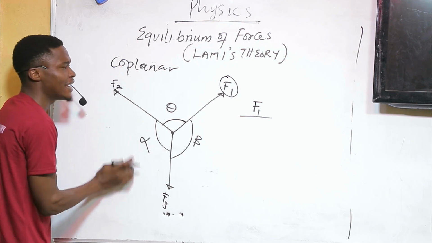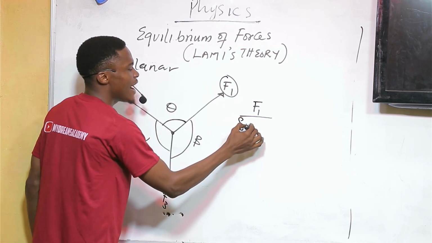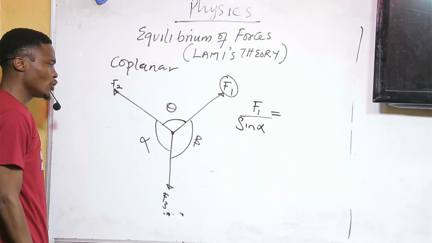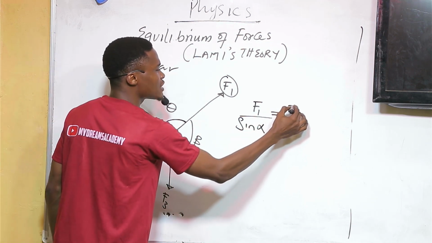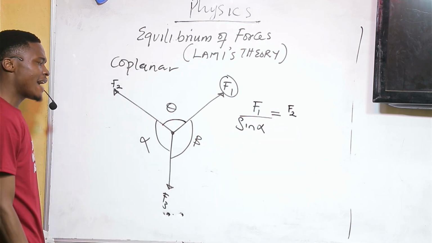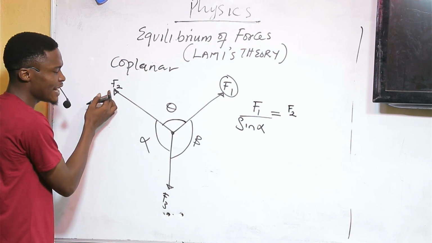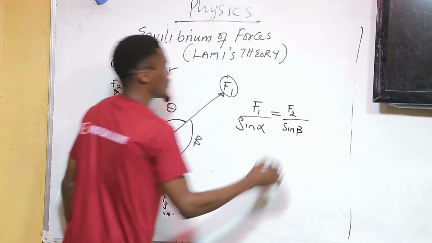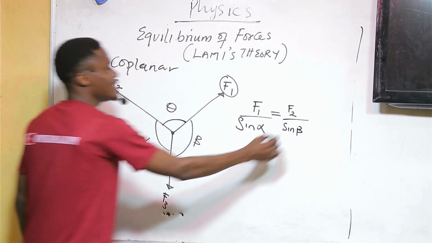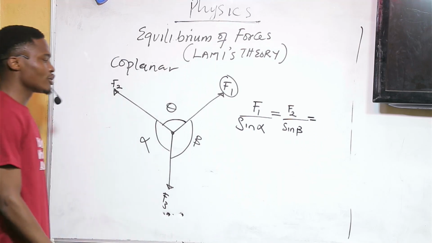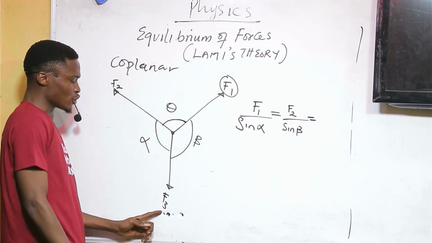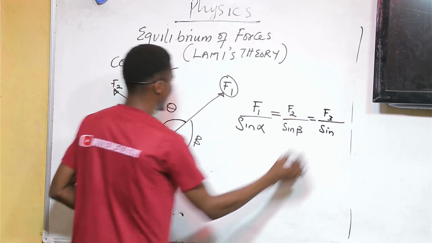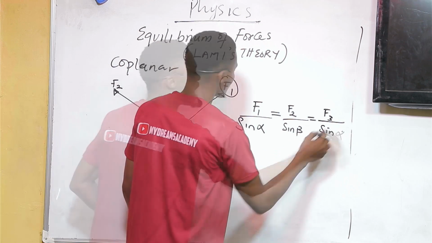So I will say F1 divided by sine alpha is equal to F2 divided by sine beta, and it is also equal to the third force, F3, over sine theta.